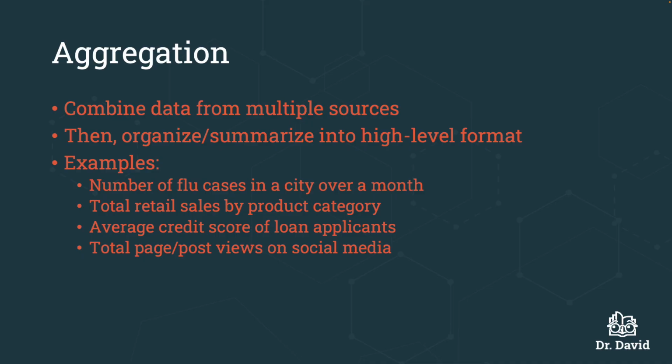Of those 150,000 cases, we had so many mortalities. We had so many people between the age of 1 and 10, 11 and 20, and so forth. Other types of aggregated data might include total retail sales by product category, average credit score of loan applicants, and total page or post views on social media.